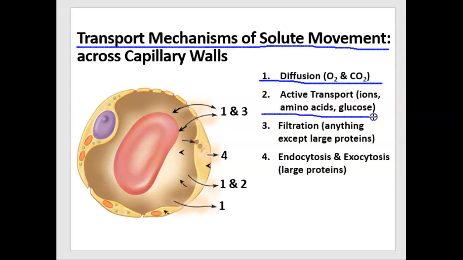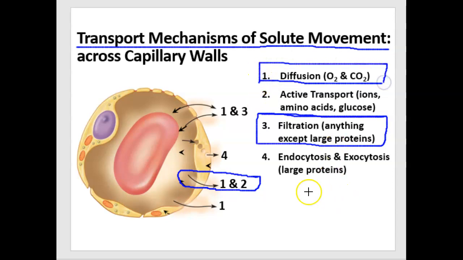Two, maybe there's active transport, particularly when going across the cell membrane. And filtration is a concept that is a little bit like diffusion, but there's no concentration gradient per se.